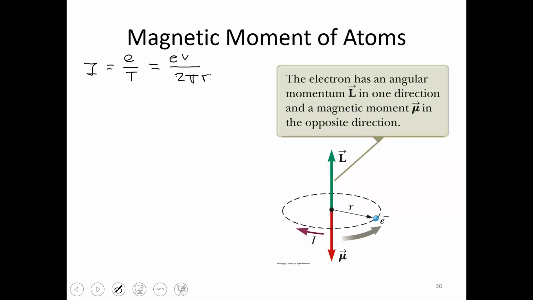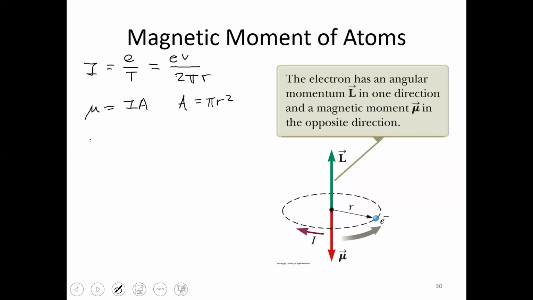Now we're going to use a couple definitions. We're going to define a dipole moment as I times A, and we're going to define the area of this dipole moment as the area of the circle that this electron is cruising around.